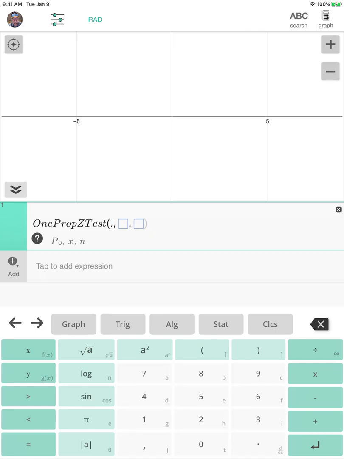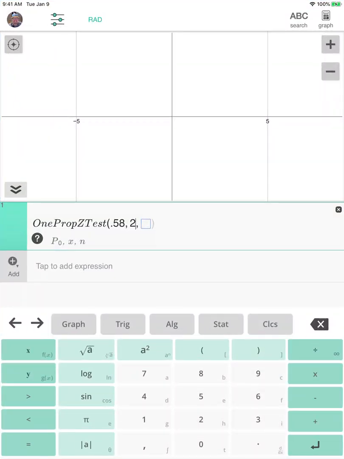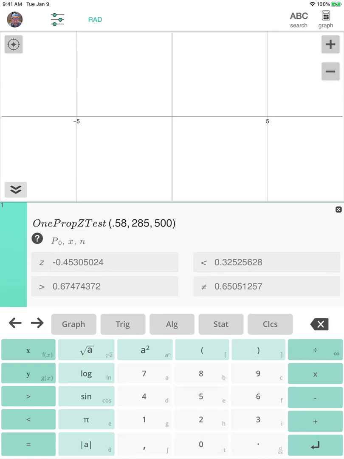And so we get that the not equal to proportion here is the one we want.